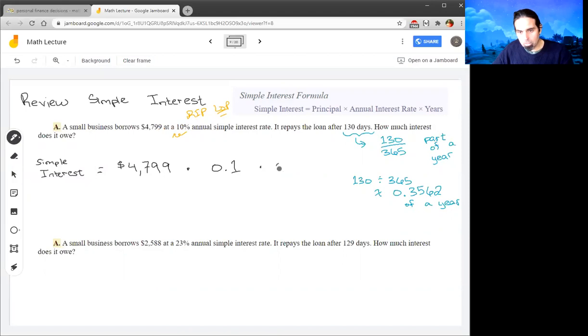And then we're multiplying by that 0.3562. And we're getting $170.94.